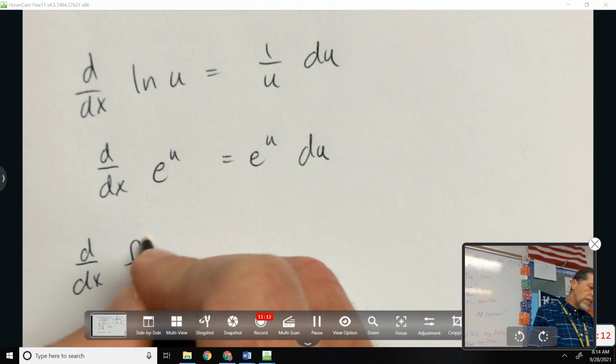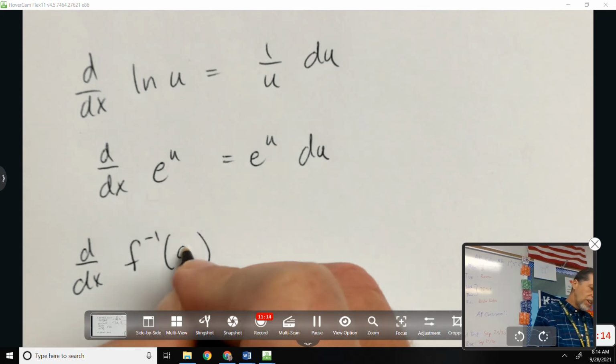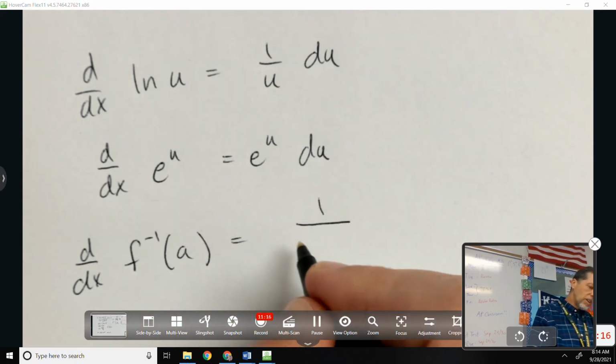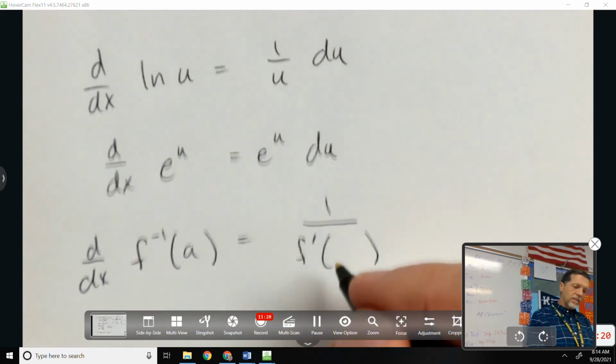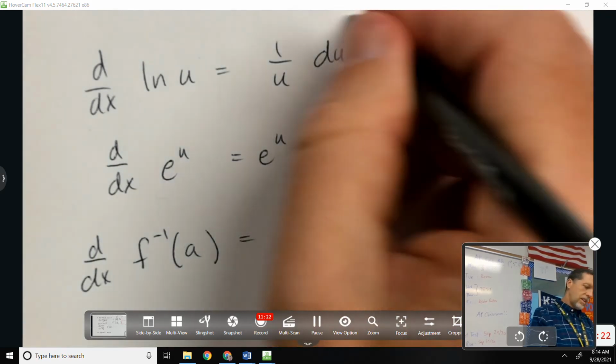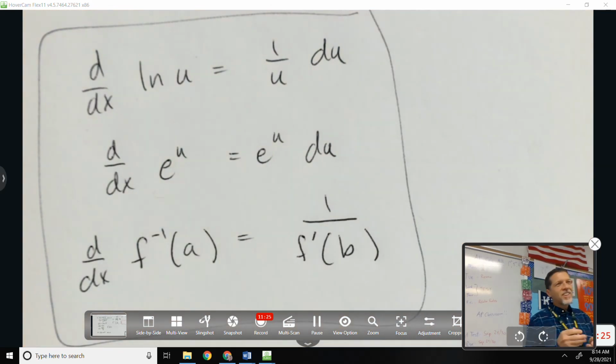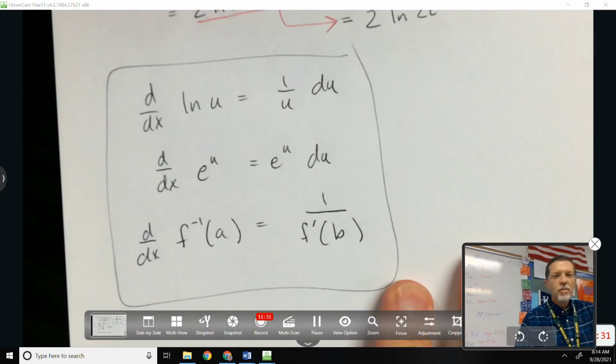And the derivative of the inverse is 1 over the derivative of the original, but at the other point. Right, it's only 3 things on the test. Oversimplifying things. Those are the 3 new rules.